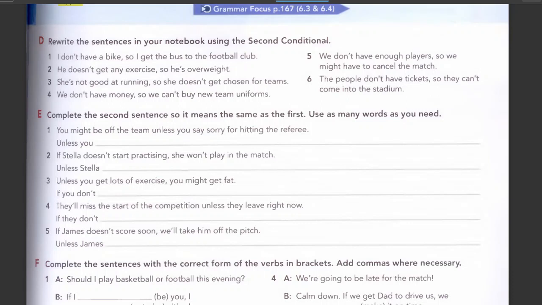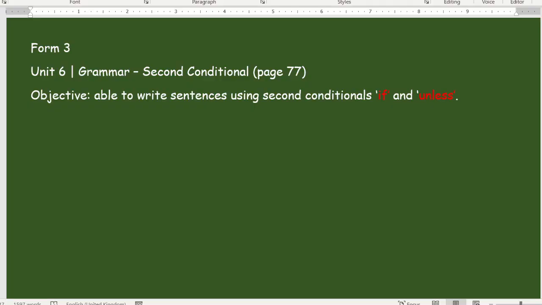Let me change, give me a second while I put the blackboard on. Okay, here we have the blackboard. The sentence is, I don't have a bike. Is it I don't have a bike or bicycle?